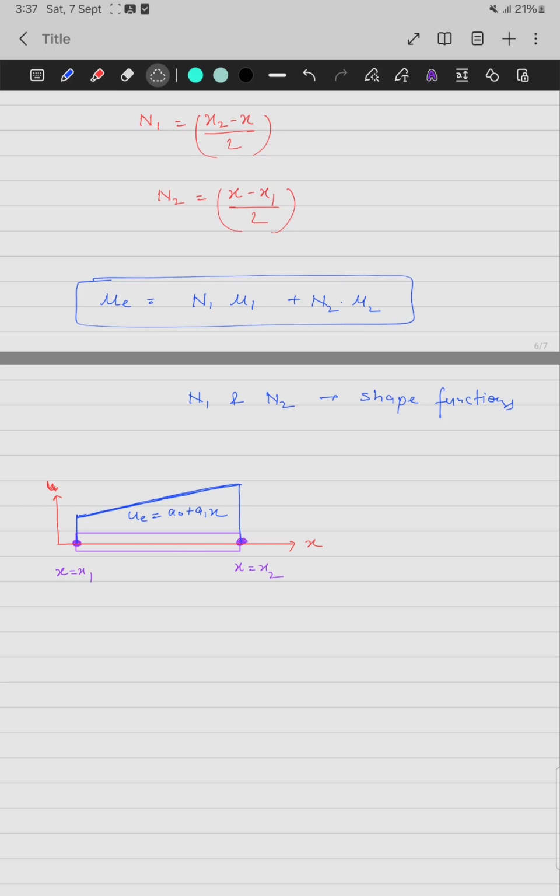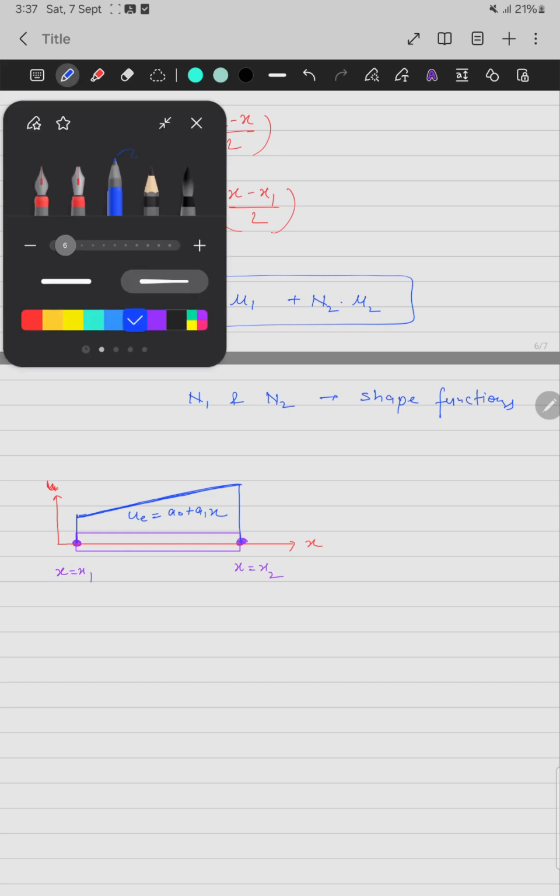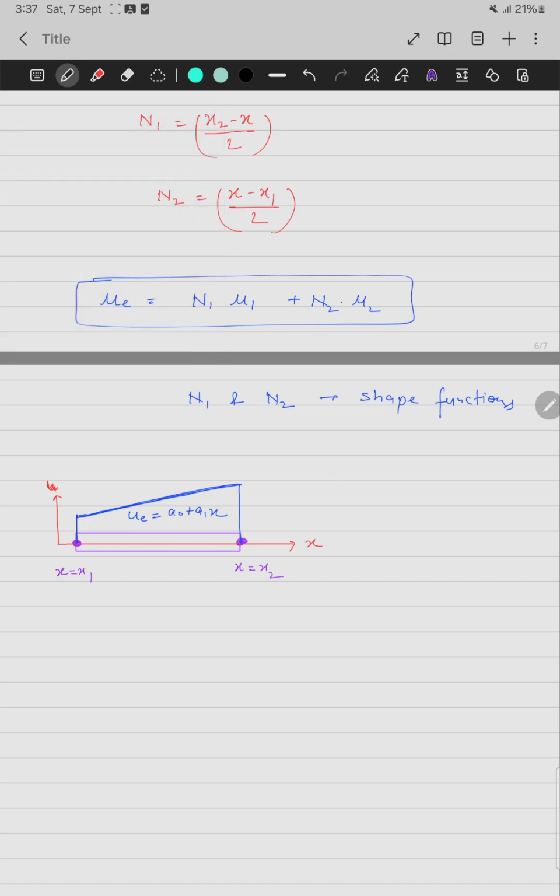The special thing about these shape functions is that n1 has a value of 1 at node 1 and 0 at node 2. This is n1 u1.